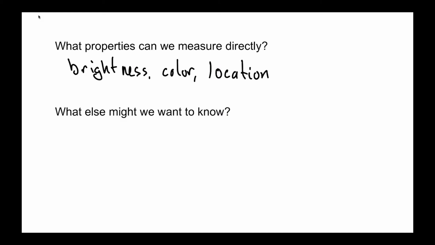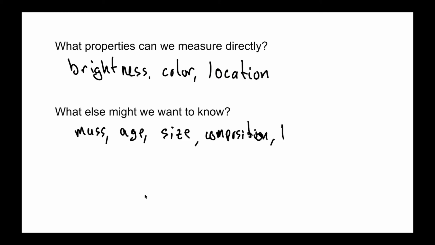Okay, I'm going to make an incomplete list, but obviously there's lots of things that we want to know about these stars. We want to know their mass. We want to know their age. We want to know their size, how big they are. We want to know their composition. We want to know their temperature.